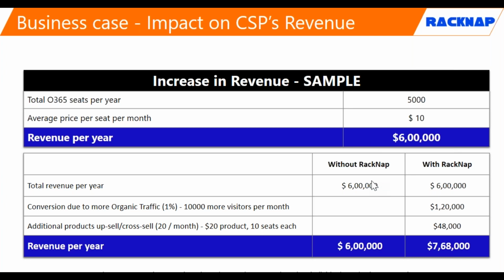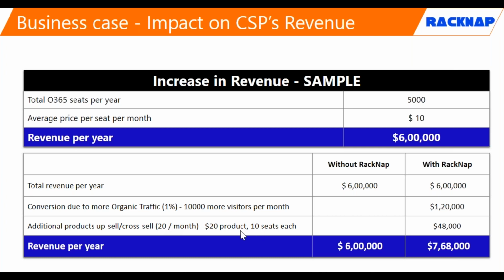But with RackNap, it gives you a white labeled, SEO optimized marketplace, which means you can drive more traffic to your website. And even if you convert 1% of that traffic, that leads to an increase in revenue of about $120,000 per year. Okay. And then similarly, RackNap helps you with upsell and cross-sell capabilities as well, whereby you can start offering additional bundles, additional offerings, to upsell and cross-sell new product ranges as well.